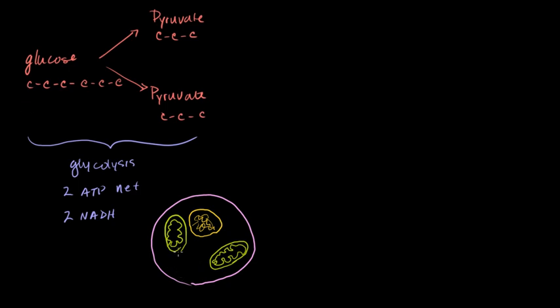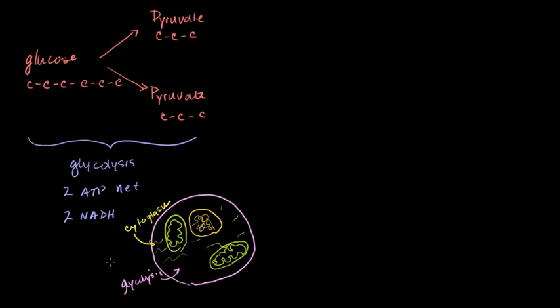You can view organelles as parts of the cell that do specific things, kind of like organs do specific things within our own bodies. So between all of the organelles, you have just this fluidic space. This is just fluid of the cell, and that's called the cytoplasm. And that's where glycolysis occurs. So glycolysis occurs in the cytoplasm.